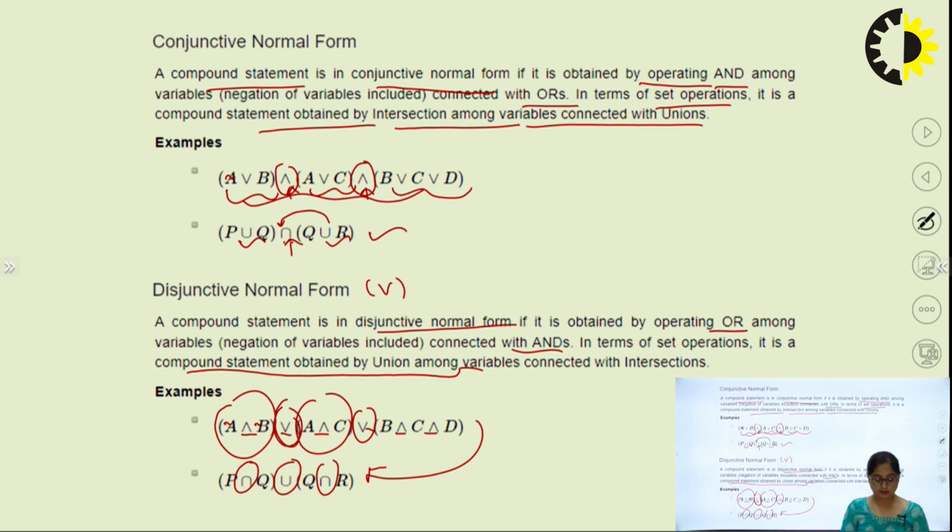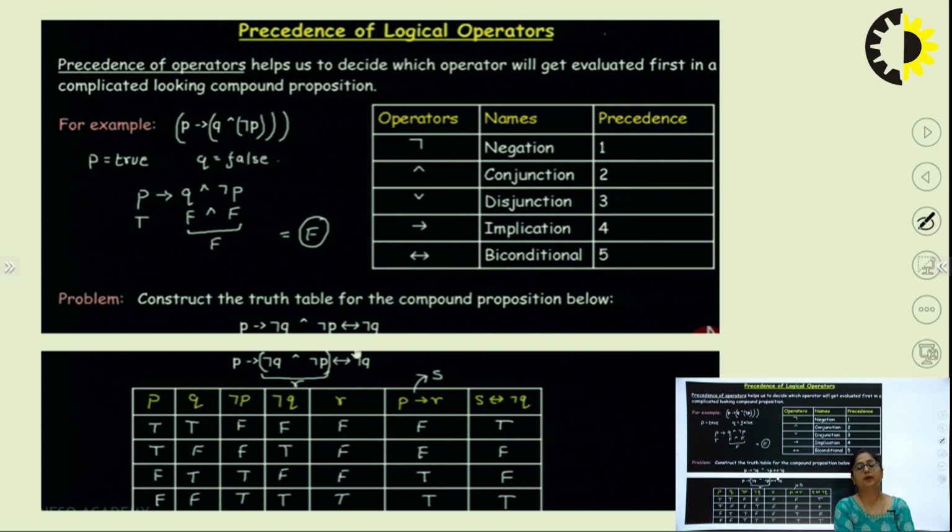So let's discuss the precedence of the logical operators. Here we have many operators: negation, conjunction, disjunction, implication, and biconditional. Conjunction and disjunction are very similar to the AND and OR operators.